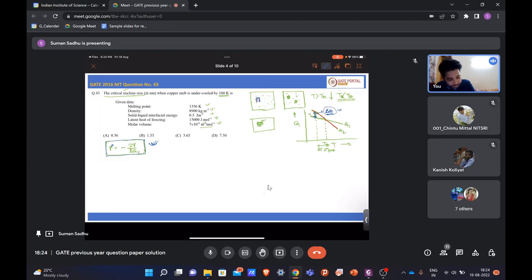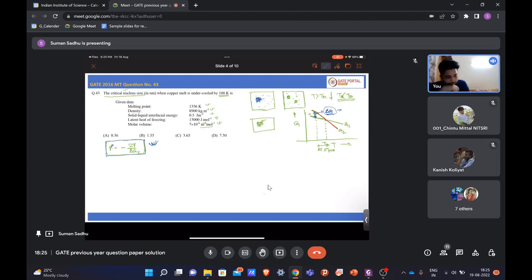Because a new interface is forming, it also requires some amount of energy. So the formation of this new interface opposes the solidification. We have to provide a sufficient amount of energy to form this surface.